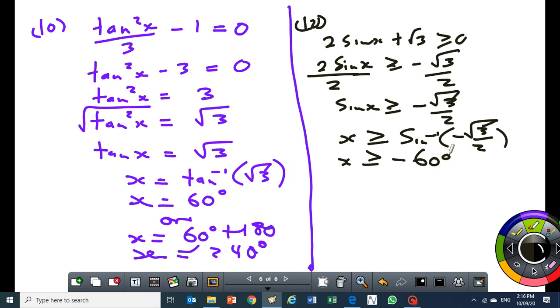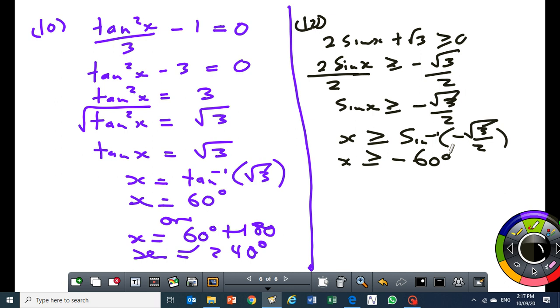Remember, this is minus 60. Minus 60 is in which quadrant? In the fourth quadrant. But we want a positive angle. Remember, the restriction says x must be between 0 and 360.